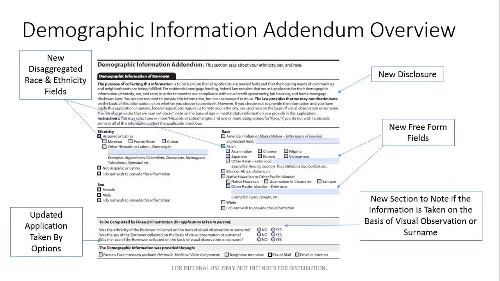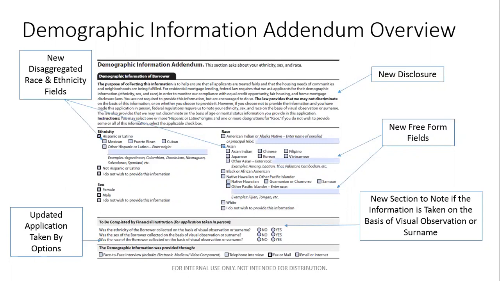Also notice there are new free-form fields where the borrower can enter more specific information regarding ethnicity and race. There are also new disaggregate race and ethnicity fields that can more specifically identify, again, their race and ethnicity.